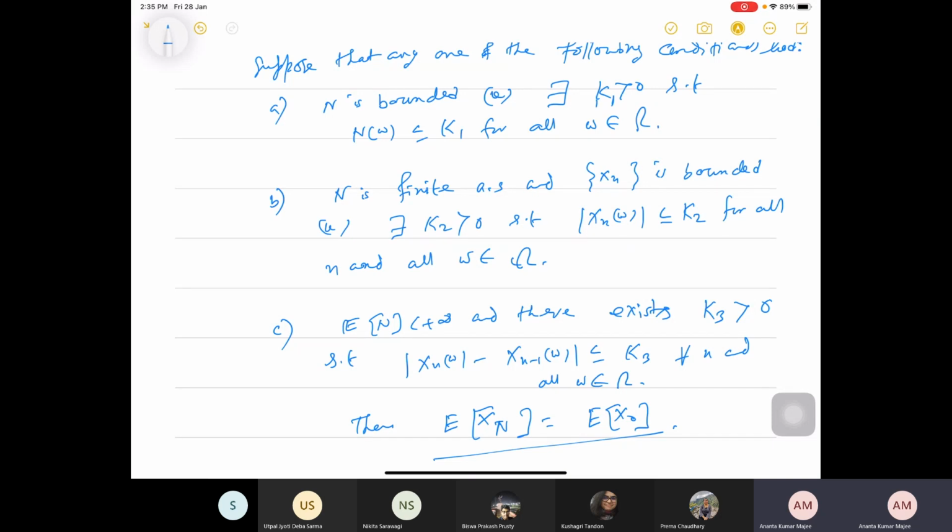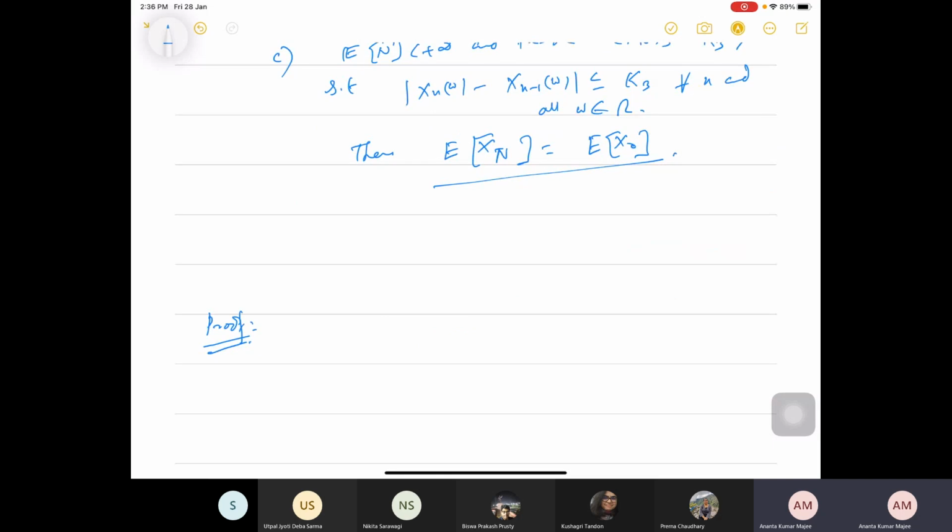Because if it is infinite with probability 1, then the expectation cannot be finite for a non-negative random variable. So for each of the three cases, the condition is that N is finite almost surely. But I don't need only finiteness almost surely, I need more, with respect to some conditions on my given martingale X_n.